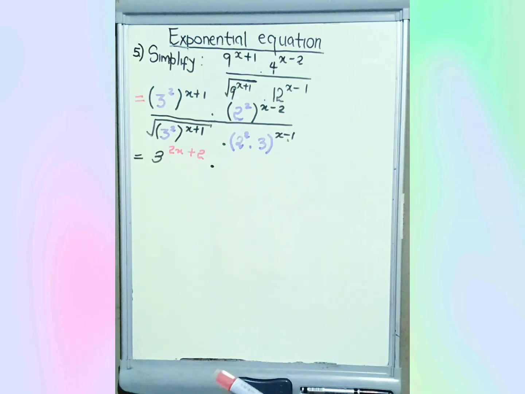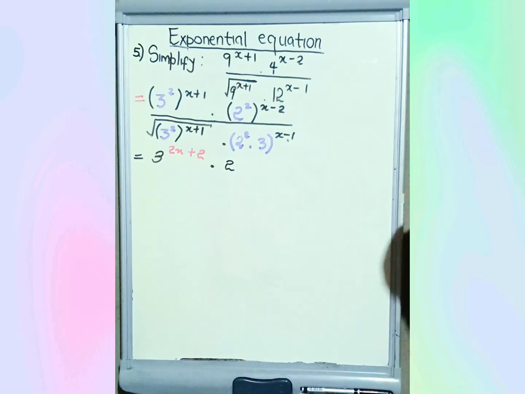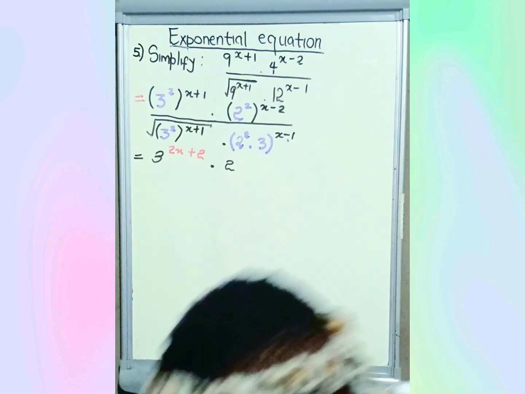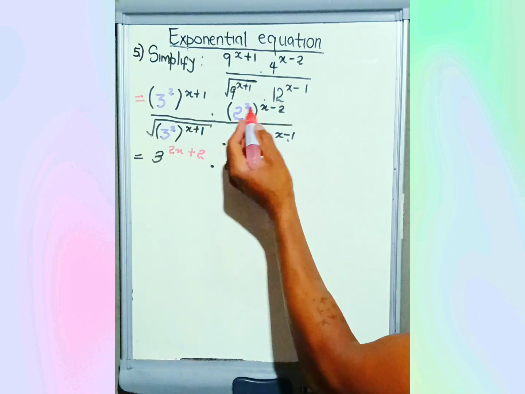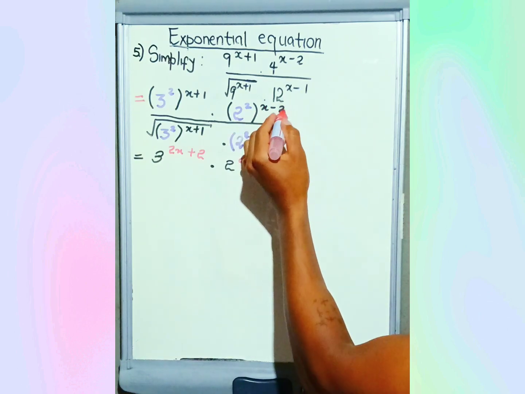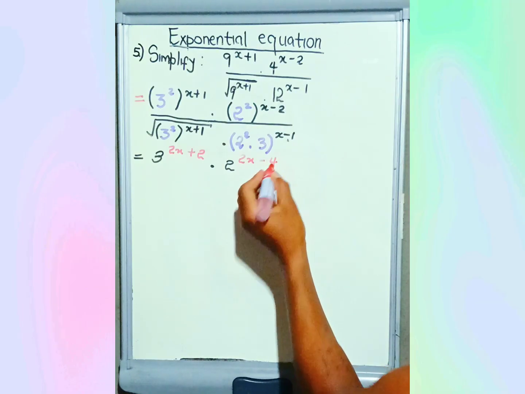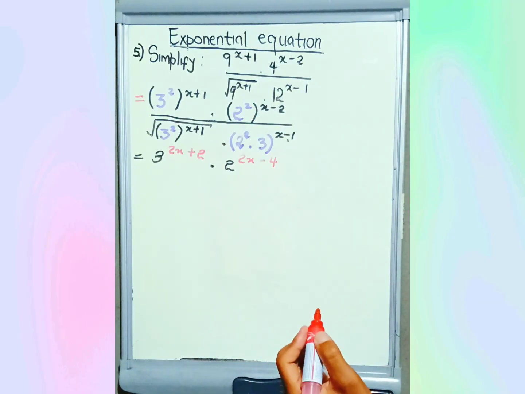Then I remove the bracket again and put the exponent. 2 times x equals 2x, and 2 times negative 2 equals negative 4. That is all.